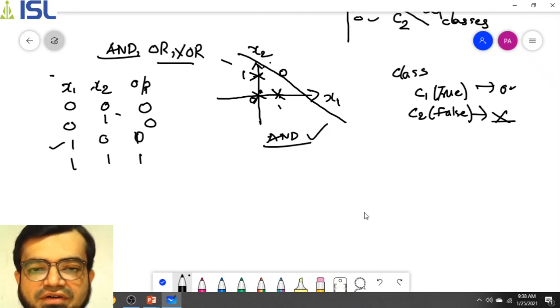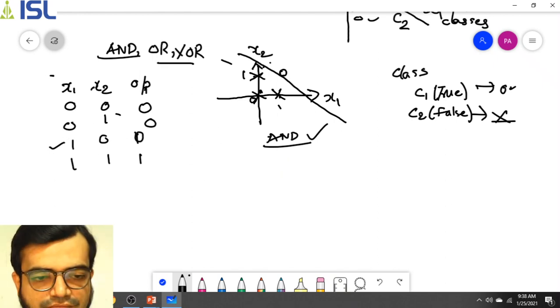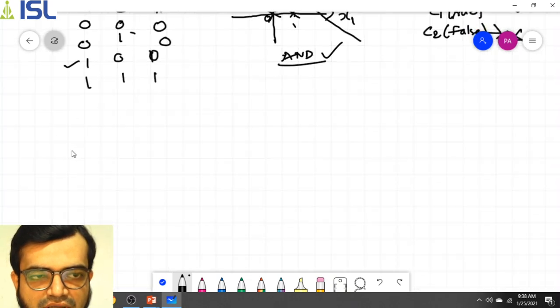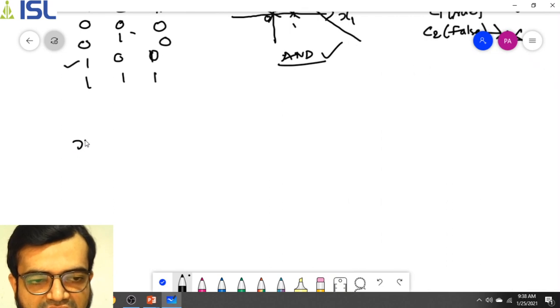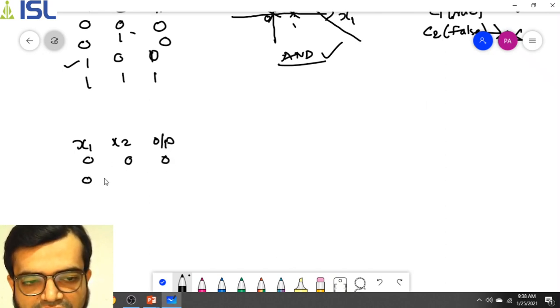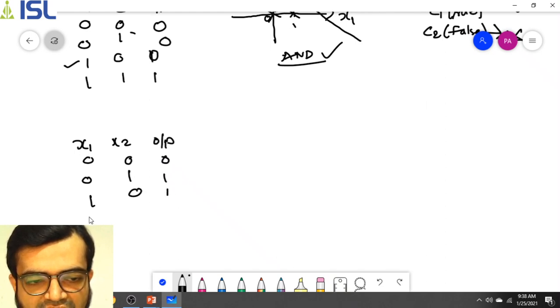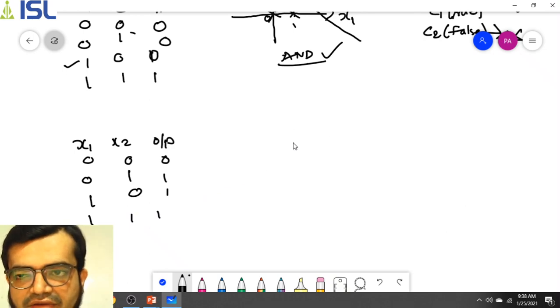Whereas for OR, what happens? Same thing: x1, x2 and the output. OR means 0 0 gives 0, 0 1 gives 1, 1 0 gives 1, and 1 1 gives 1. How can I represent them?